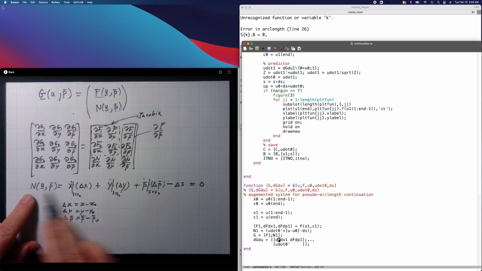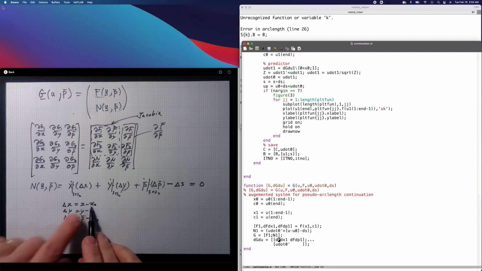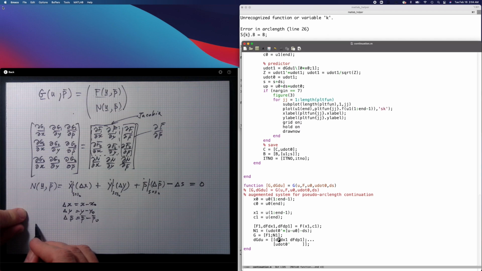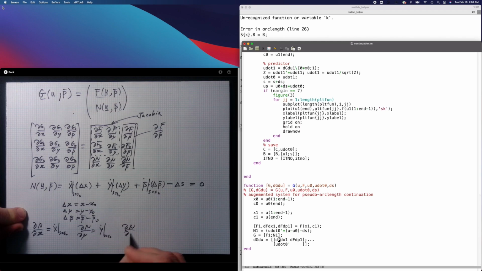When I take the derivative of this with respect to x, x naught, y naught, and p bar naught are constants, and all I'll be left with is dN dx equal to x dot at s equals s naught. dN dy is going to be y dot at s equals s naught, and dN dp bar is going to be equal to p bar dot at s equals s naught.